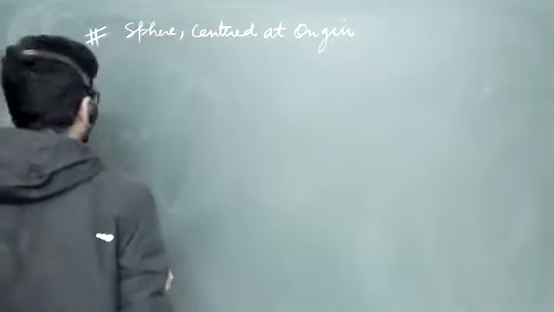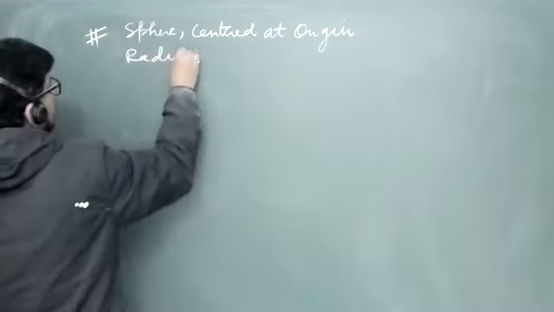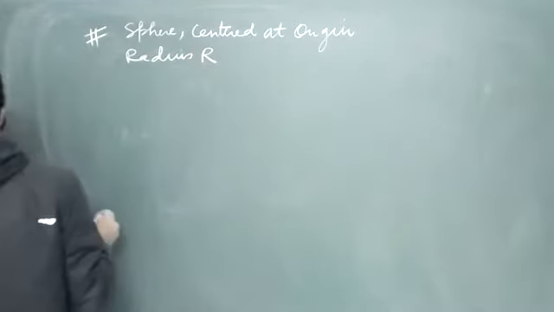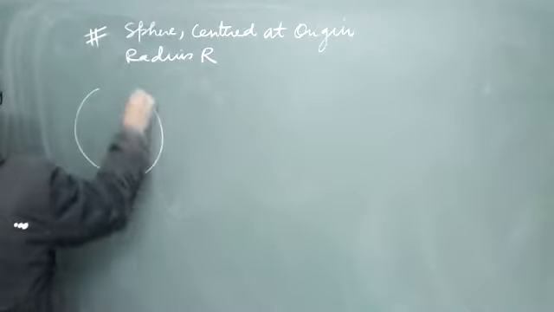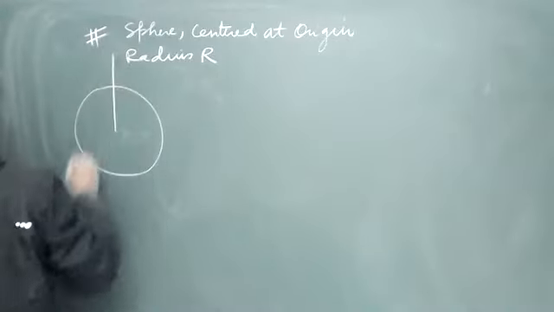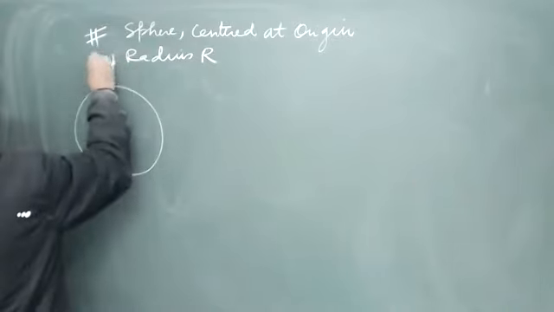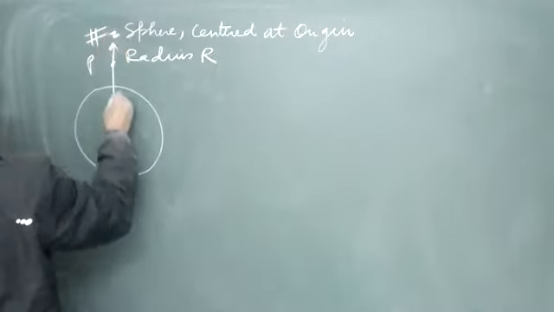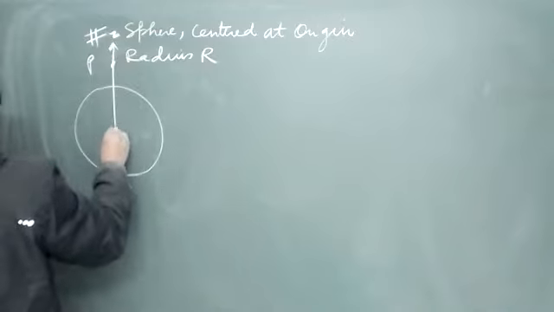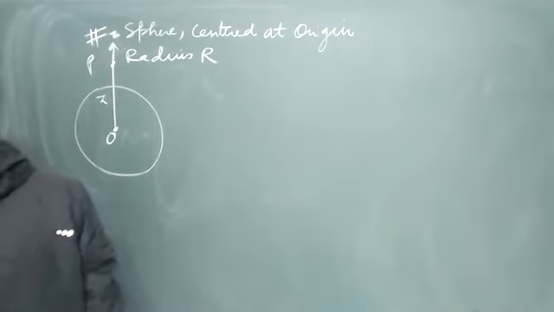Centered at origin, and radius is capital R, and so this is a sphere, and we have to get the potential somewhere on this z-axis. This is the z-axis at some point P, and this is origin, and this distance is z.